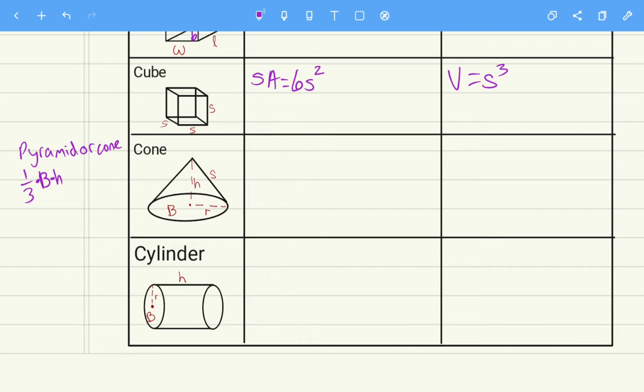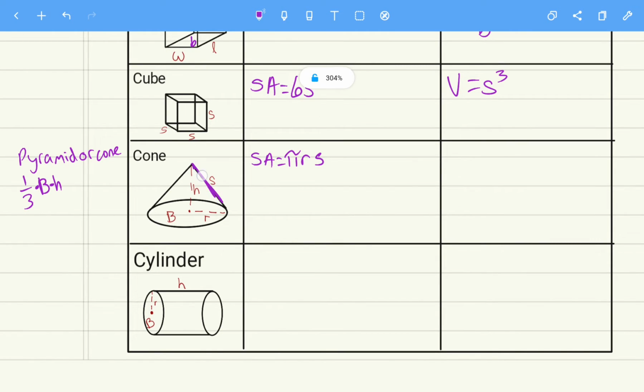Now more specifically for the cone, the surface area is pi times the radius times the slant, which is the length of this right here. That is the slant of the cone, plus pi r squared, which is also our base.